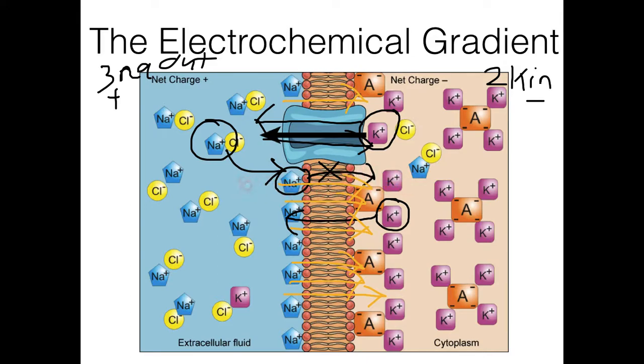The chemical portion is forcing potassium out, but the inside is negative, the outside is positive, so potassium is actually going to be attracted to the inside, and it's going to be repelled from the outside. So even though potassium can leave, under normal circumstances, it doesn't.